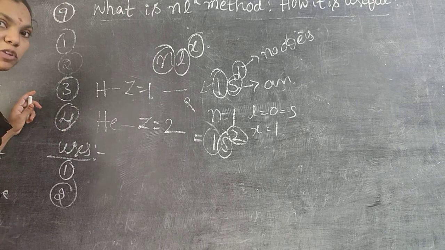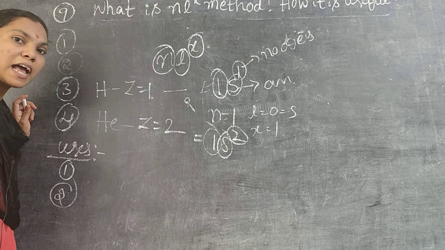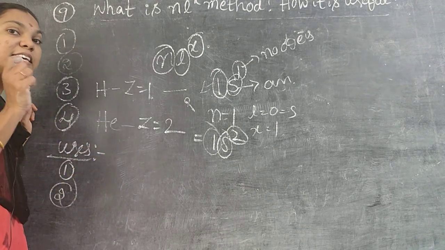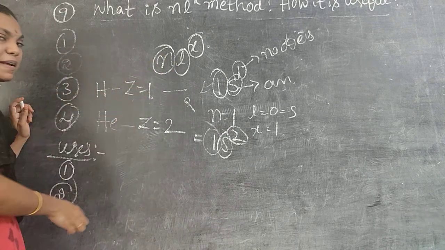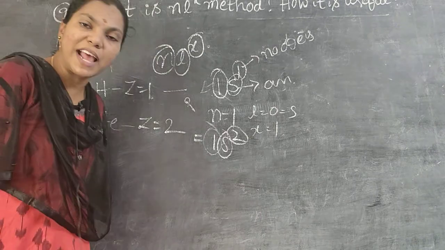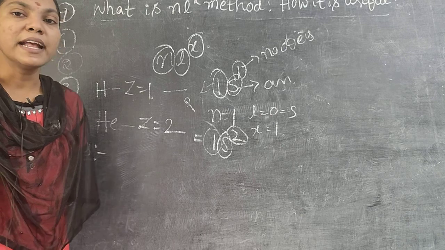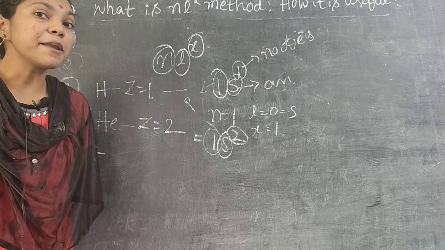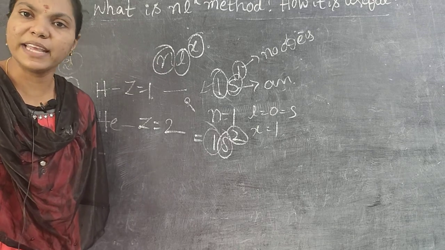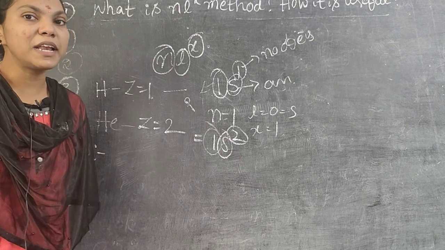It is a shorthand notation. Each and every atom possesses a certain electronic configuration, and that is easily notated by the NLX method. So without any confusion we can write the electronic configuration of an atom, and by seeing the NLX method we can say which orbital can hold how many electrons, and also the principal energy levels.